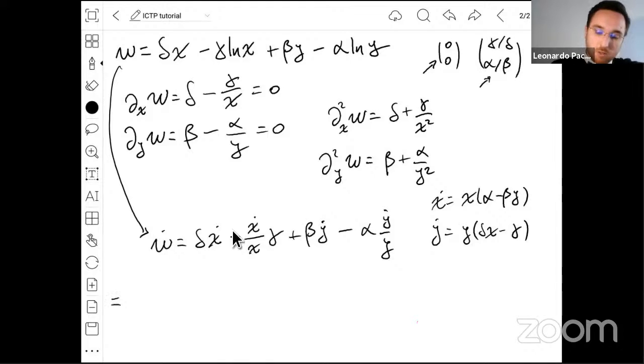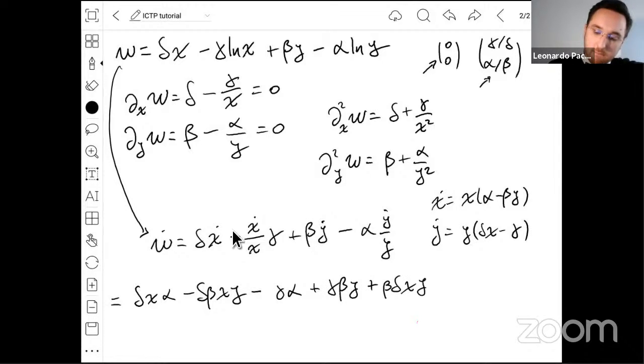Now, this is a very simple computation. So you see that if we substitute here, we have delta x alpha minus delta beta xy, minus gamma alpha plus gamma beta y, plus beta delta xy minus beta gamma, and then we have minus alpha delta x, sorry, plus alpha gamma.